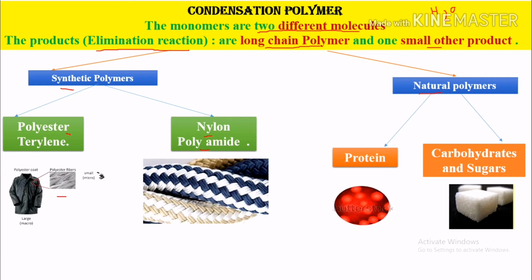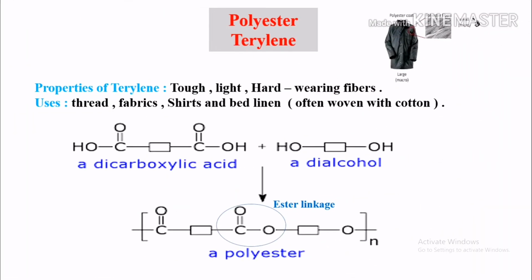The second type is natural polymers, like proteins, carbohydrates, and sugars. All of these compounds are polymers, but divided into two main types: synthetic polymers and natural polymers.